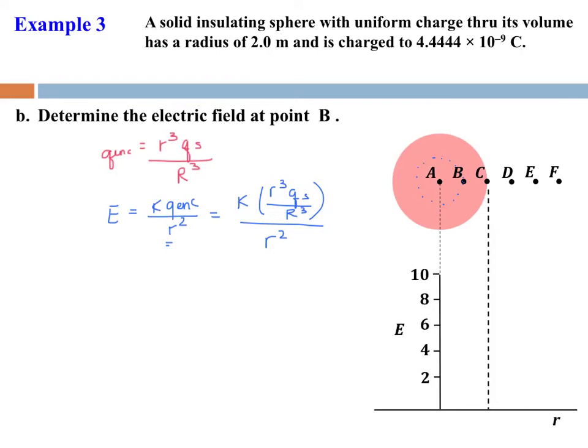We can simplify this to get our electric field is equal to K r Qs, which is the charge of the sphere, over R cubed. Now that this equation represents our situation here, we can plug in all of our values.